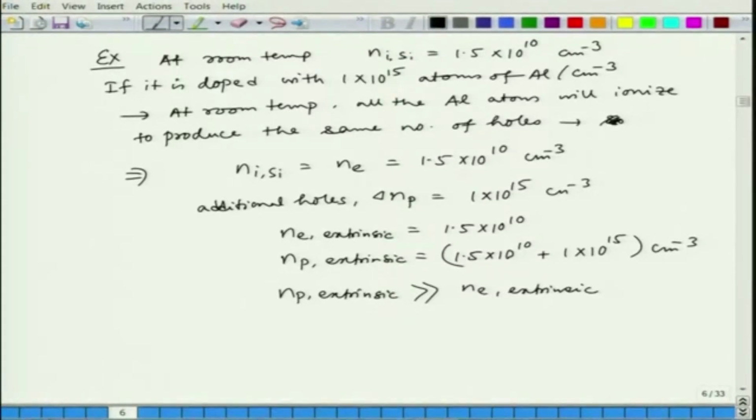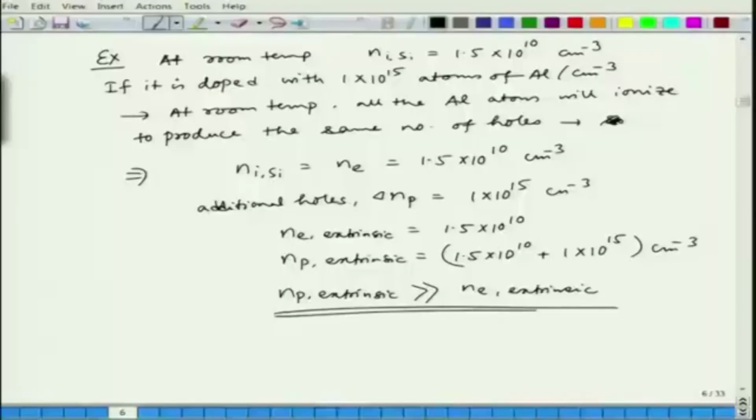So, we have very few atoms per substrate silicon atom we are introducing, but the effect is huge. Okay. So, that is why we call it a p type semiconductor, because the holes are dominating.